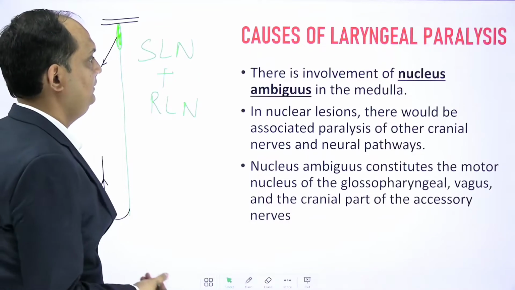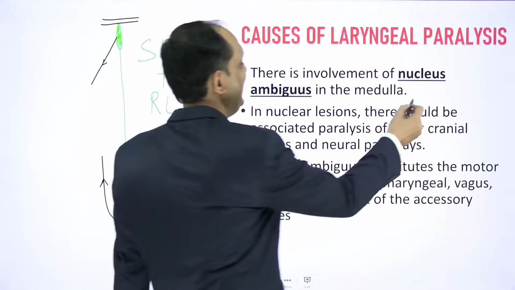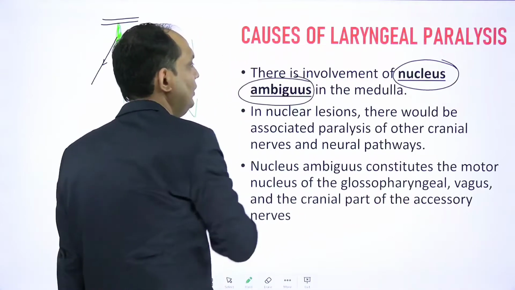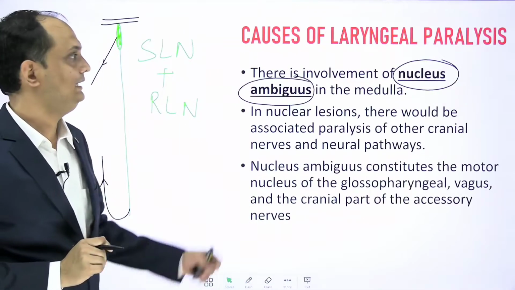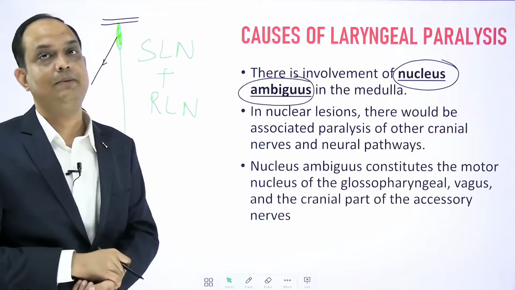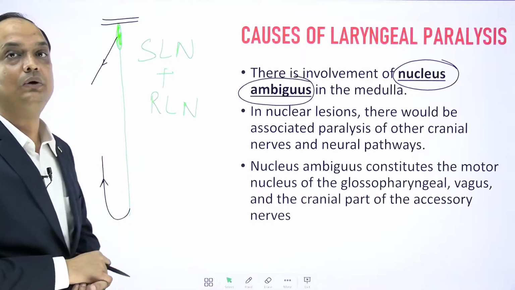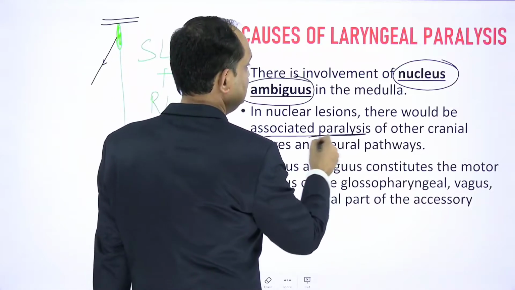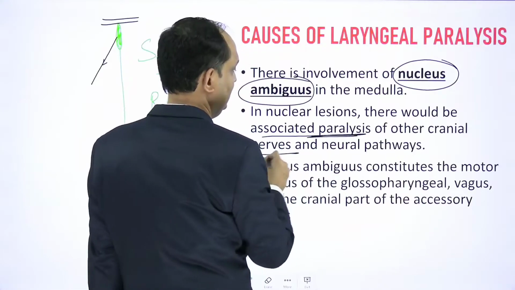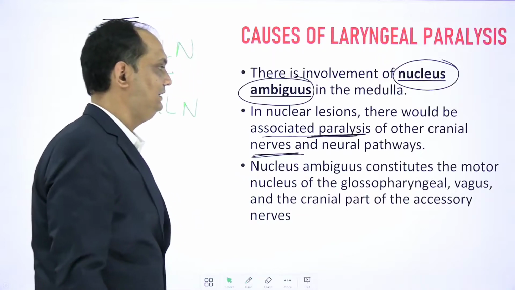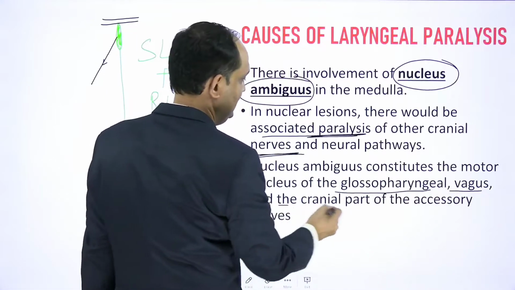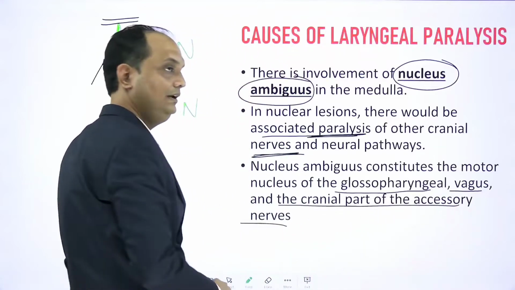Now why in the medulla? Because in the medulla you have a nucleus which is the motor nucleus for these nerves, and that is known as nucleus ambiguus. Now this nucleus ambiguus is associated with the paralysis of all the other cranial nerves, and these cranial nerves are glossopharyngeal, vagus and cranial part of accessory nerve.